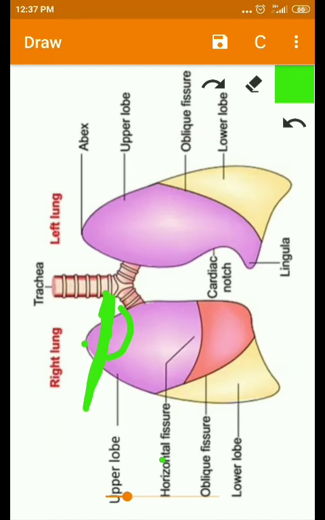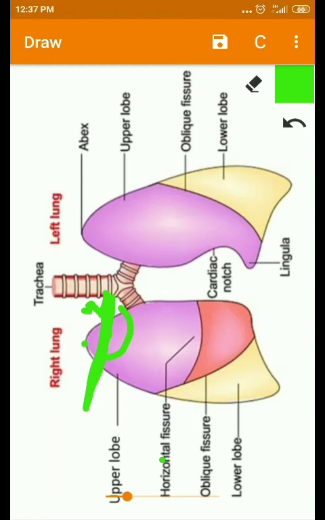Now we will see the relations in detail. So anteriorly, I have already told that it is related to the subclavian artery, and also it is related to one muscle called scalenus anterior muscle, which is present in front of the artery.